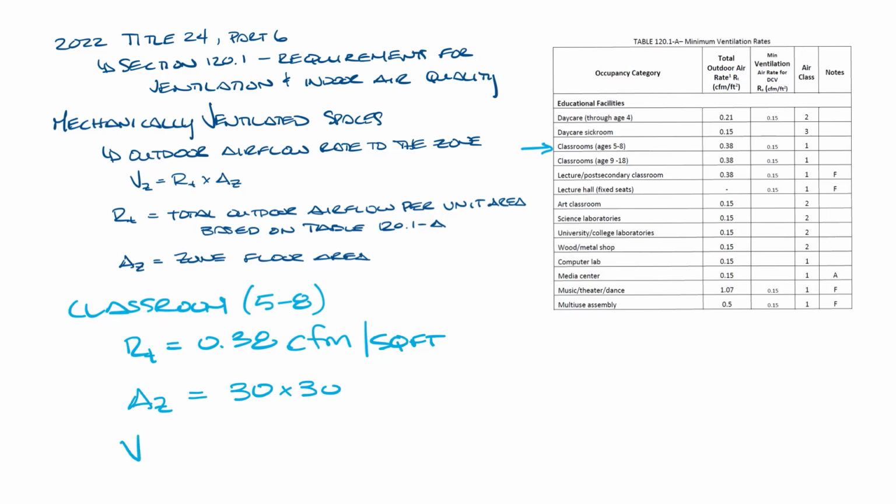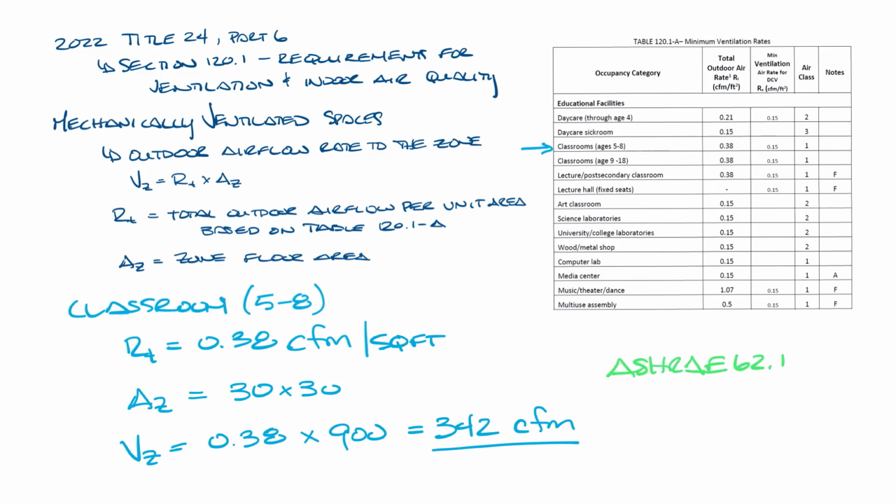So V sub Z is 0.038 times 900 square feet, which is 342 CFM. So that would be the minimum ventilation air requirement. For comparison, in last week's ASHRAE Standard 62.1 video, the calculation came up with 308 CFM.